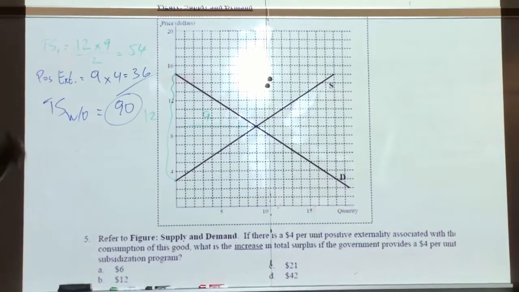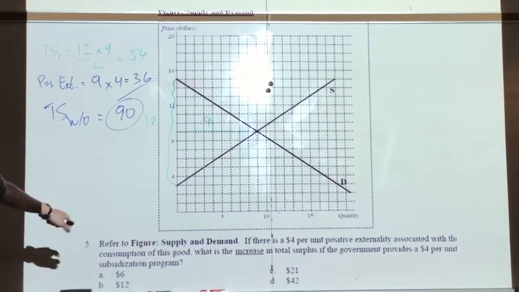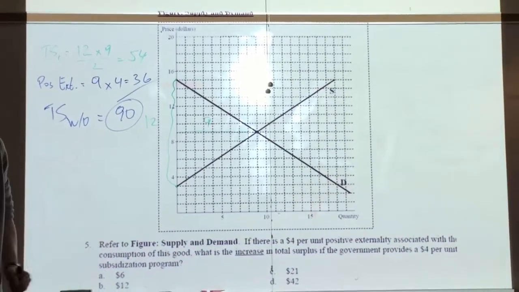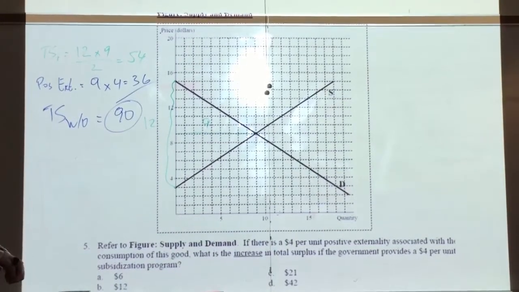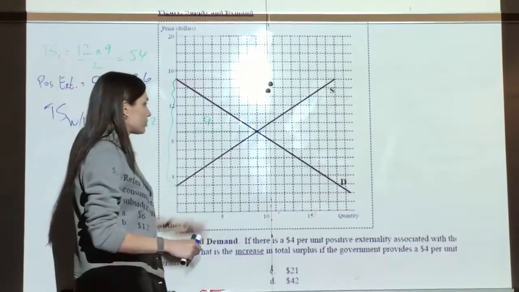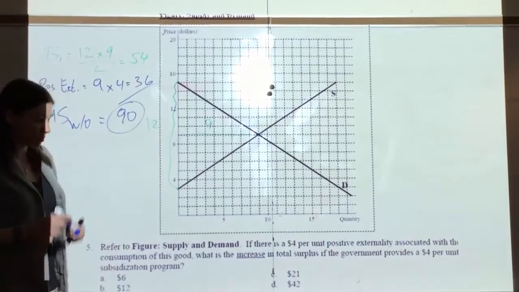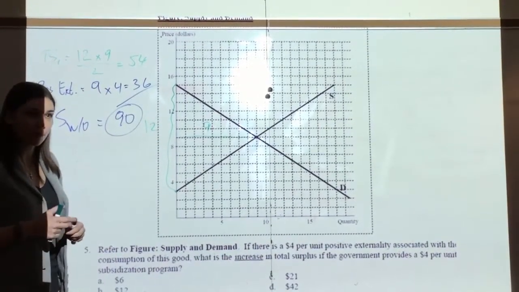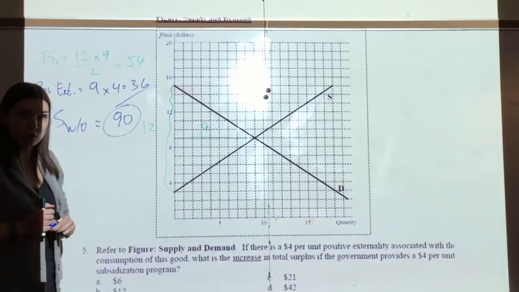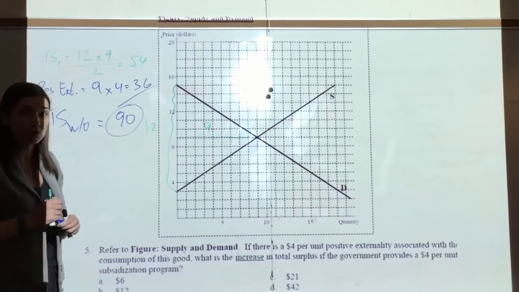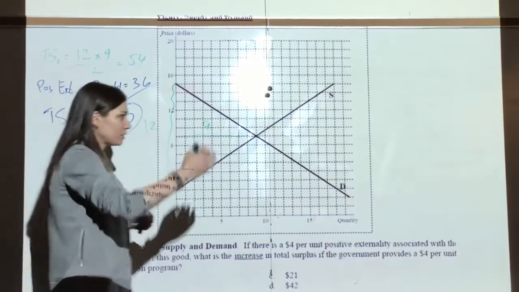Now the government comes in, and what does it do? It subsidizes by giving $4 per unit. What does that do to the supply and demand curves? Which one is going to shift when there's a subsidy? Demand, which way? To the right. Demand is going to increase.